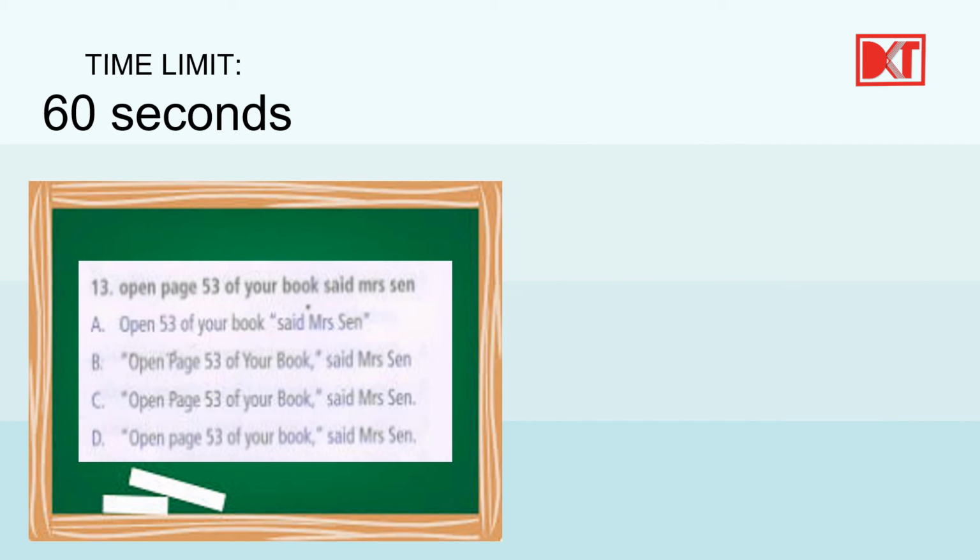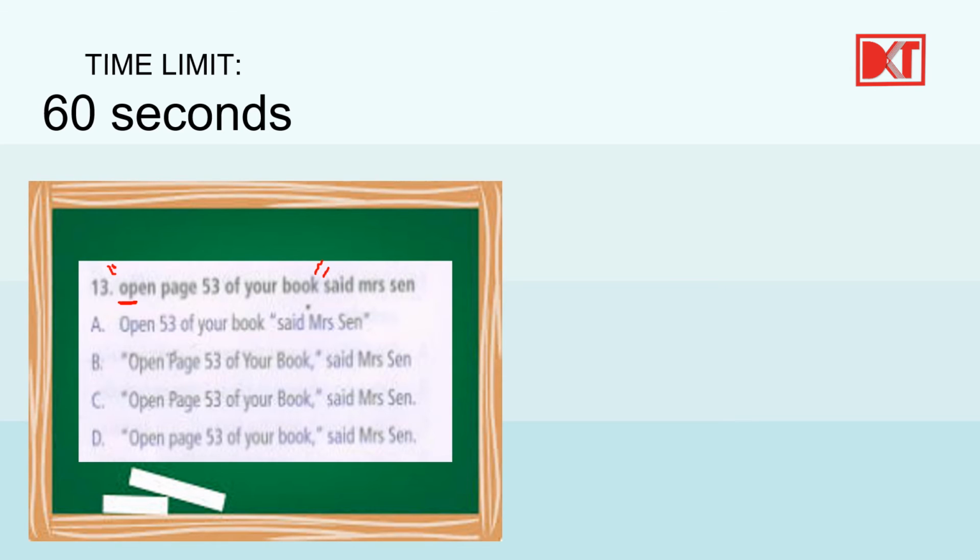Okay, here. Open page 53 of your book, said Mrs. Sane. Now we can figure out that these are the exact words that Mrs. Sane is saying. So whatever she is saying, that will be put in quotation marks. So we'll start the quotation marks from here. And here O will be capital. Then open page 53 of your book. Right. Here the quotation marks end. And then which one do we put?